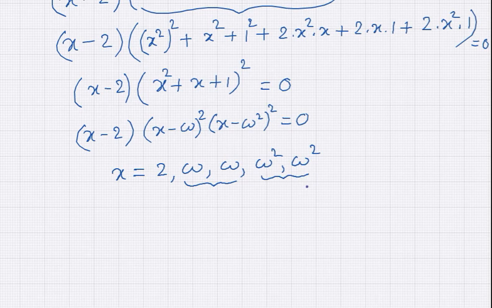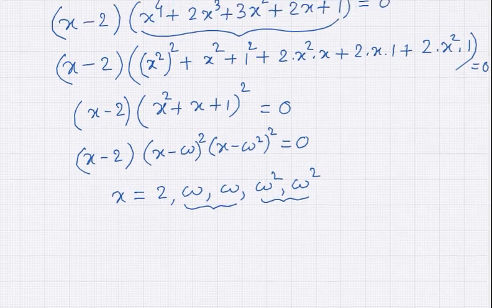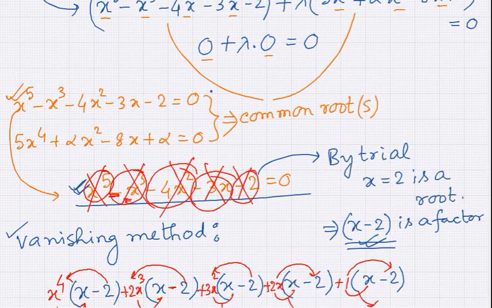So these are the repeated roots for this equation. Now let us concentrate upon our original equation. This equation has the roots 2, omega repeated 2 times and omega square repeated 2 times. So these are the repeated roots.